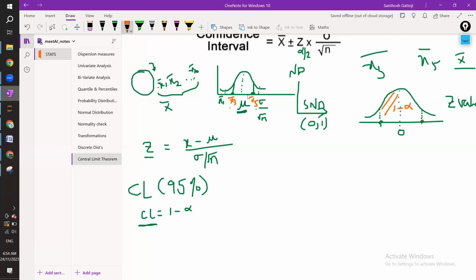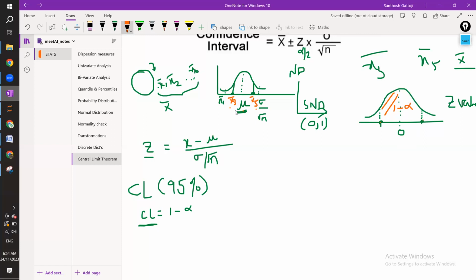Clear? But you are converting this whole distribution into the standard normal distribution, so each of these values will be converted into its corresponding z value. The mu will obviously be 0, and x1 will become its corresponding z. This is called the z score, right? Each of these values will have its corresponding z score in the standard normal distribution.